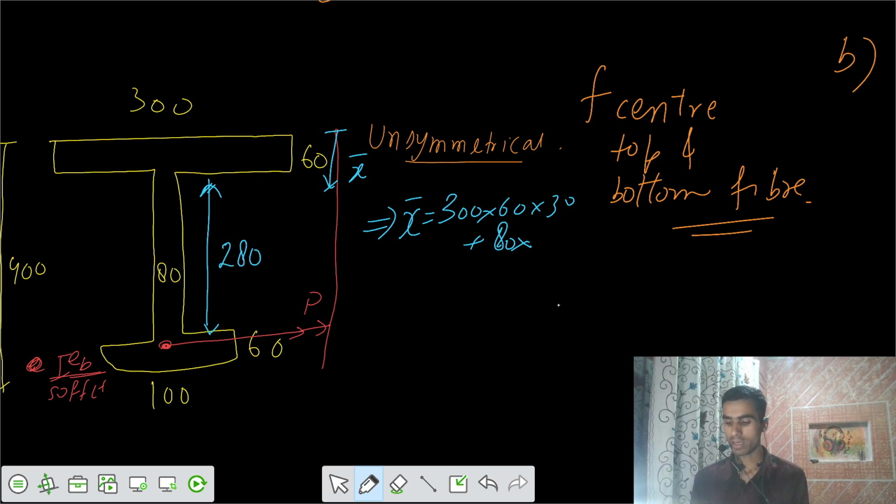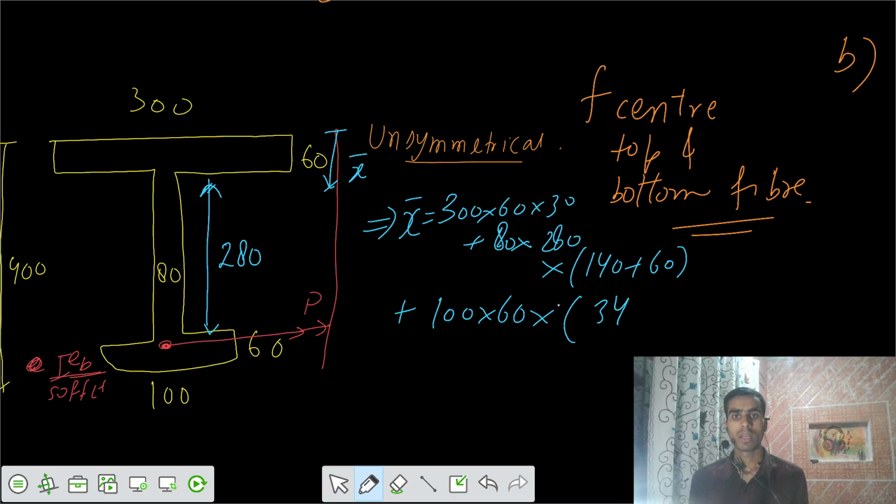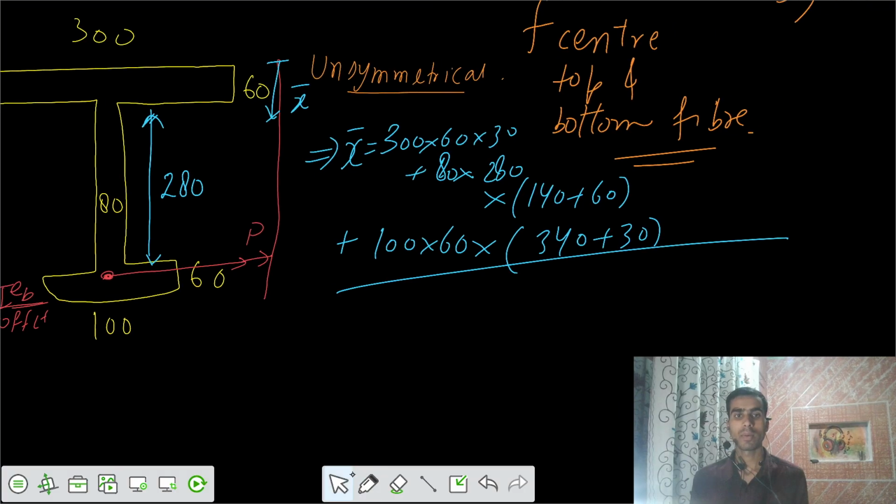Yes, 80 into 220, and the centroid would be at 140 plus 60 from the top. The third area is 100 into 60, and the centroid would be at 280 plus 60, 340, plus 30. Divide by the total area of the section, which is 0.0464 square meters.